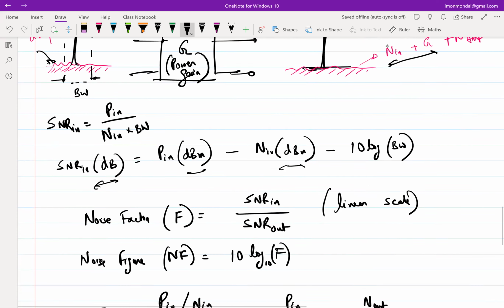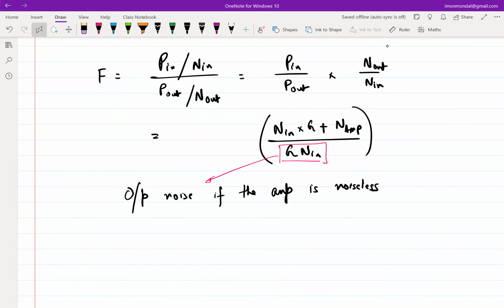So N in times G is the output noise if the amp is noiseless. And what is the numerator? This is the output noise in the presence of the real amp.